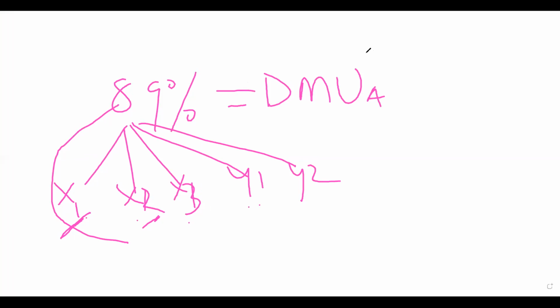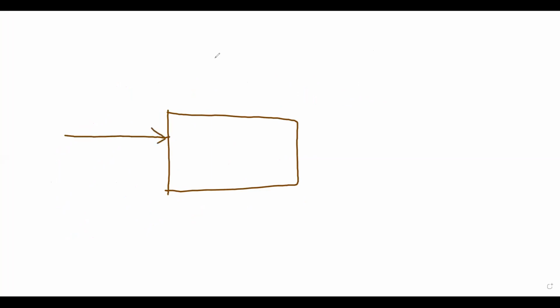Now let's assume that you have a production space, something like this. In this production space, you have some inputs that are entering into the production space.